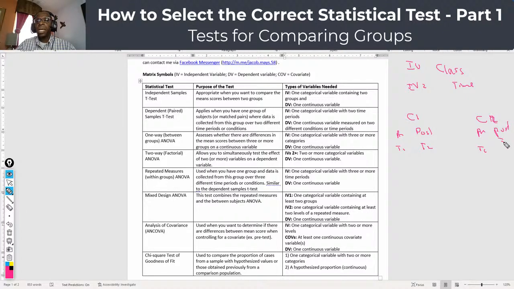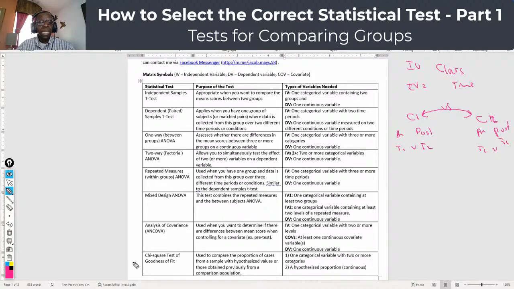So not only are we comparing class 1 versus class 2, we're also comparing within the classes time 1 versus time 2 for both of these. That's why we call it a mixed design, because it mixes repeated measures and between groups measures.